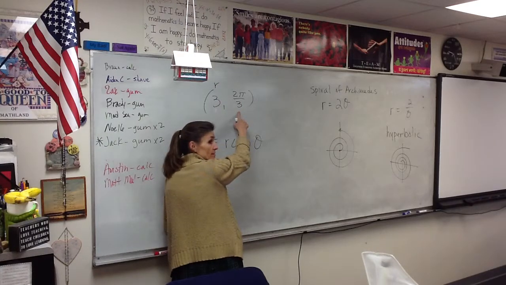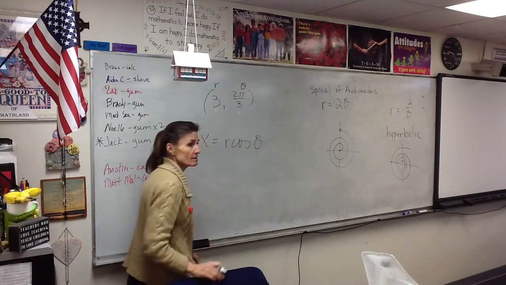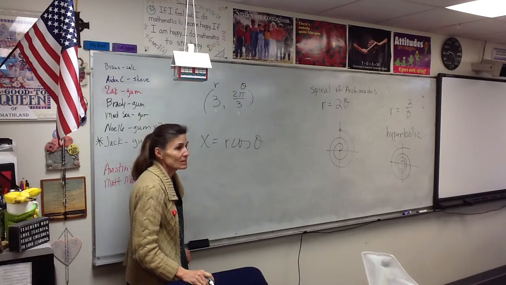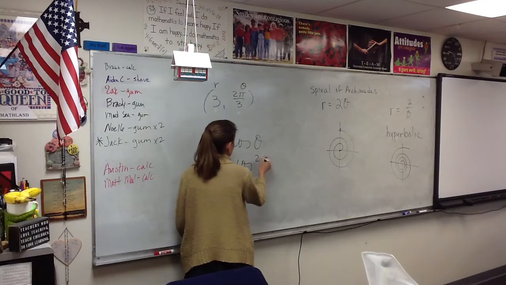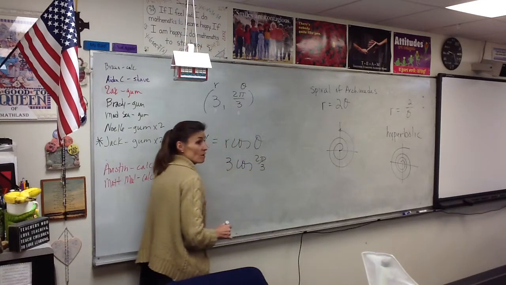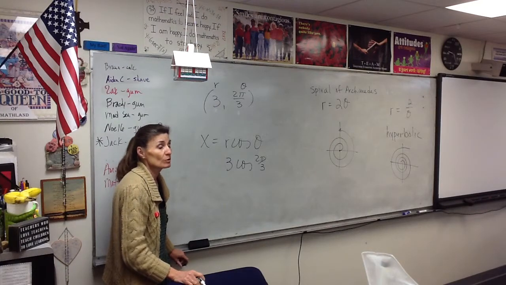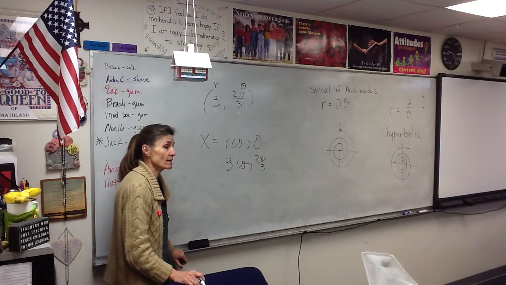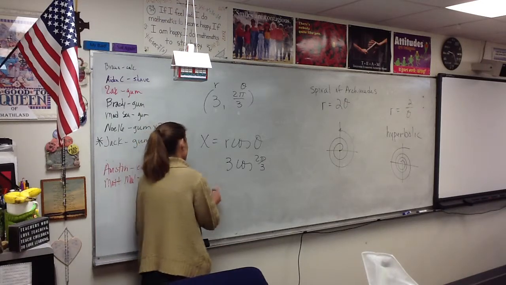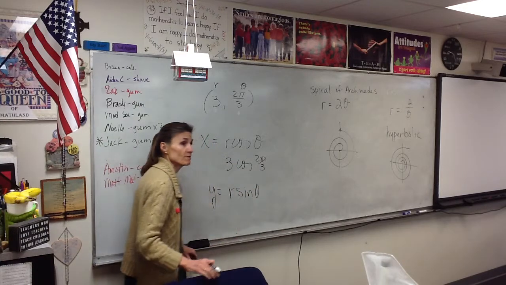What's this? So how am I going to find x? These are the easy ones. So that's just going to be 3 cosine 2 pi over 3. And y will be 3 sine 2 pi over 3. Finding rectangular coordinates is literally a no-brainer. You just stick in r and theta.